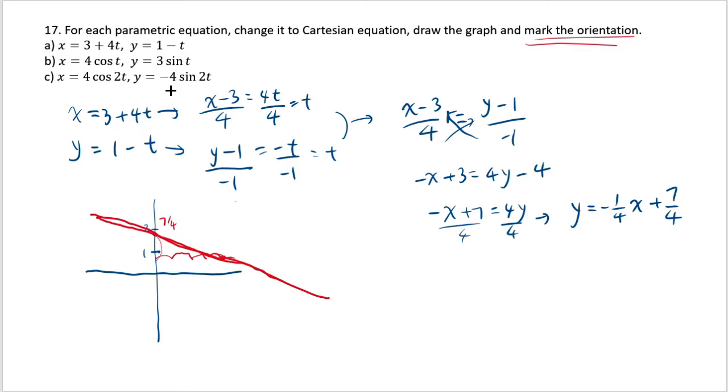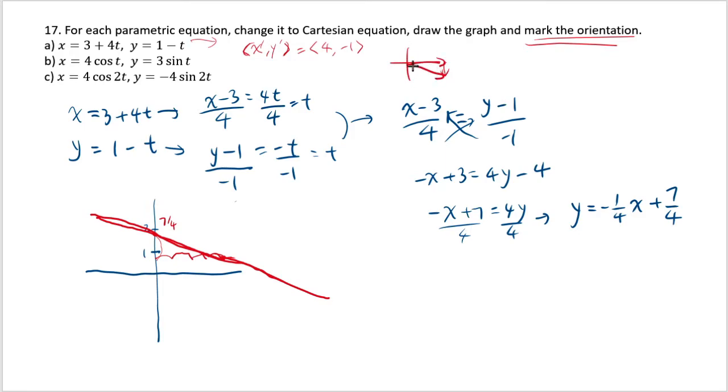And an easy way to figure that out is by differentiating this. So if you differentiate it, then x prime, y prime becomes 4, -1, right? So you get a vector that's 4 to the right and 1 down.